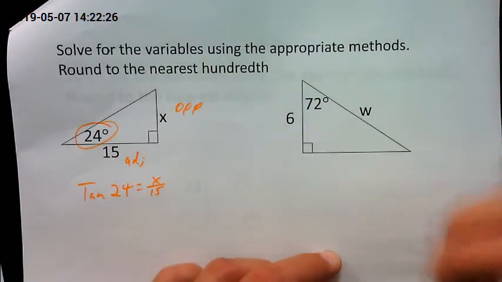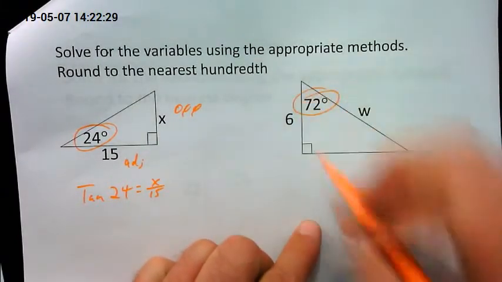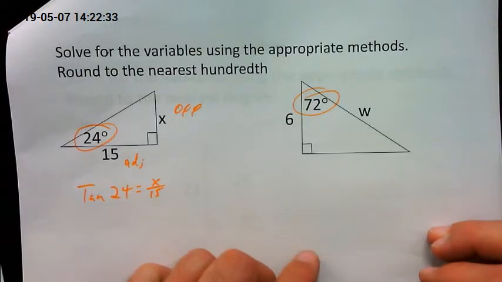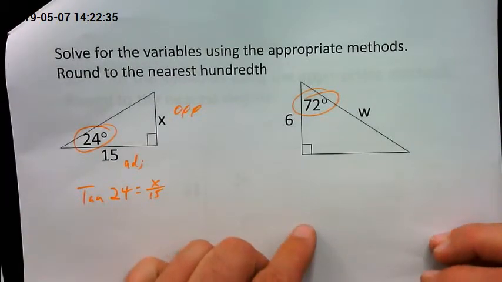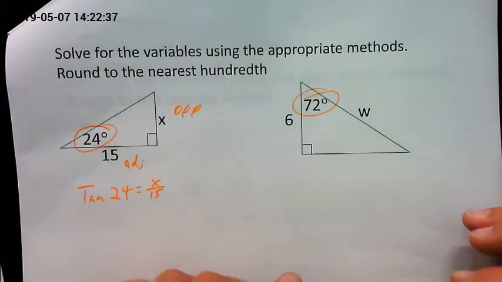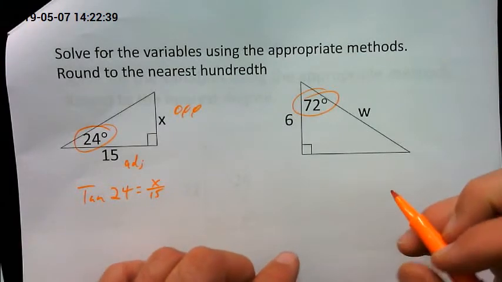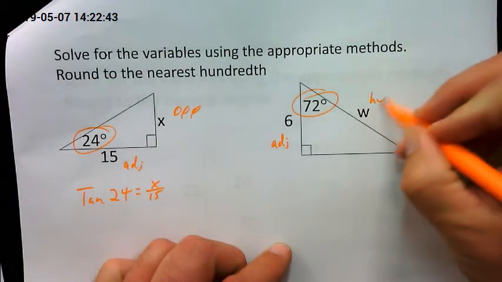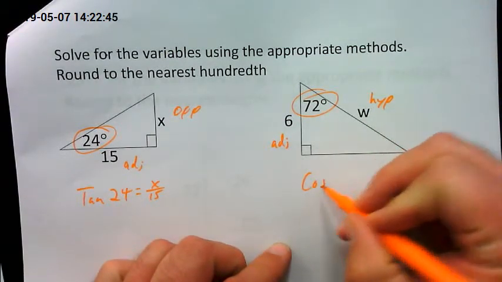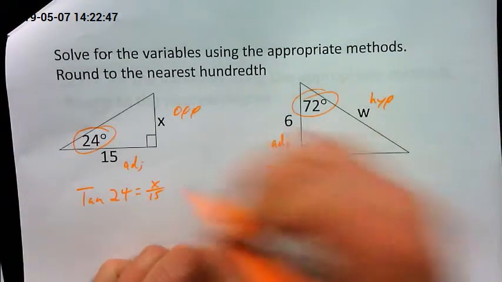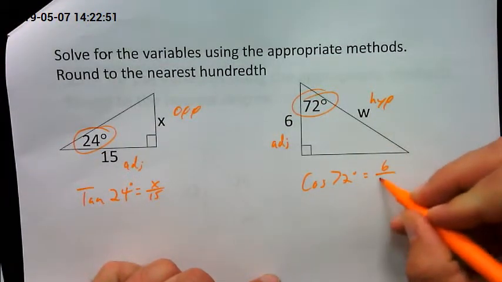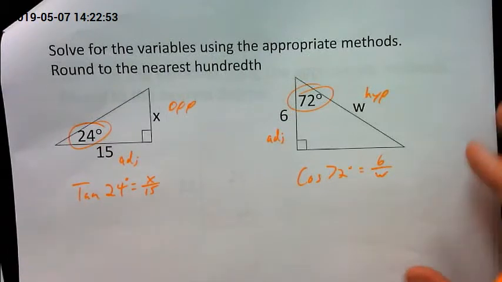For the other one, for the setup, all right, using the 72. Shh, guys. Which one are we going to use? Which trig ratio? Cosine, because we have which 2 pieces? Adjacent and hypotenuse. So cosine of 72 equals 6 over W.